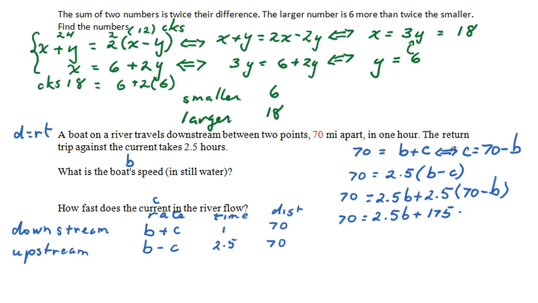So 2.5b minus 2.5c. And so that's going to also give us a minus 175, and a plus 2.5b.